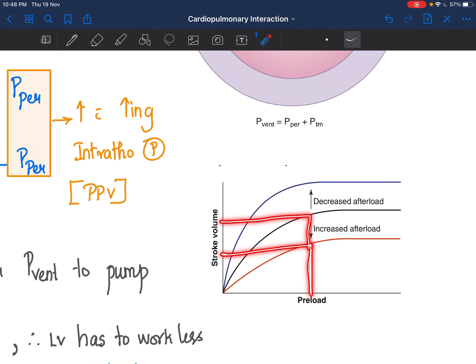So compare these two lines. You have a decrease in stroke volume if there is increased afterload. If the afterload is reduced, you have an increase in stroke volume for the same amount of preload. That is why it is important to improve preload and reduce afterload if you want optimal conditioning for the patient.